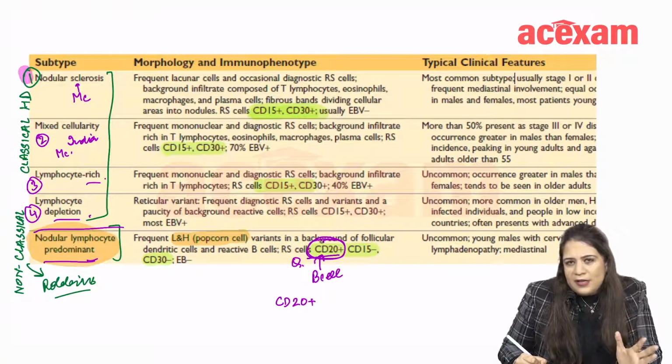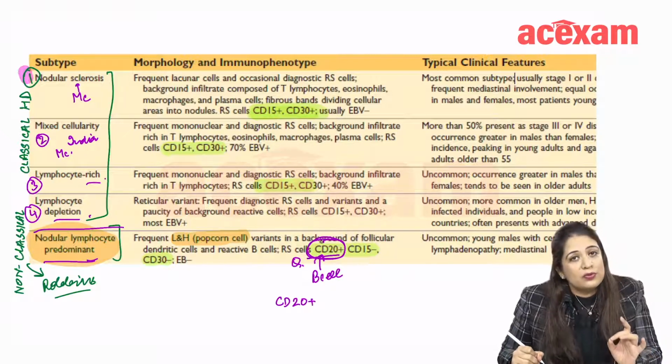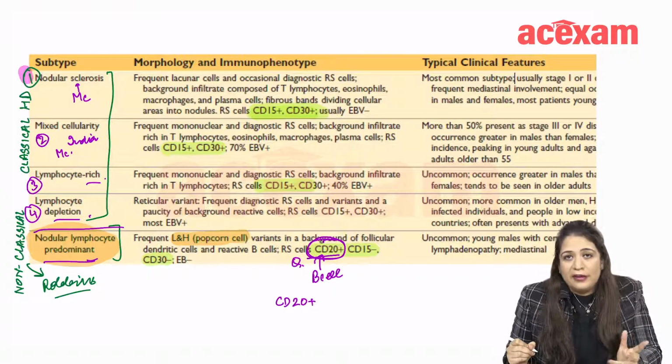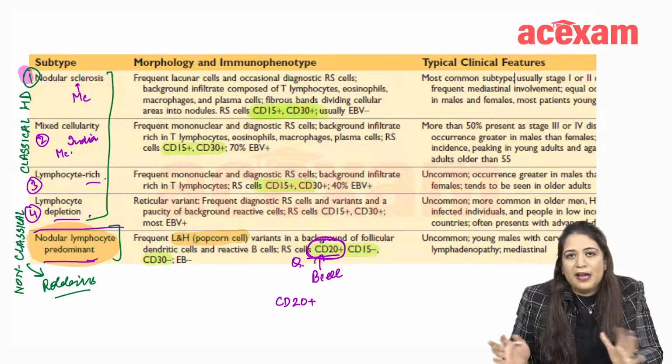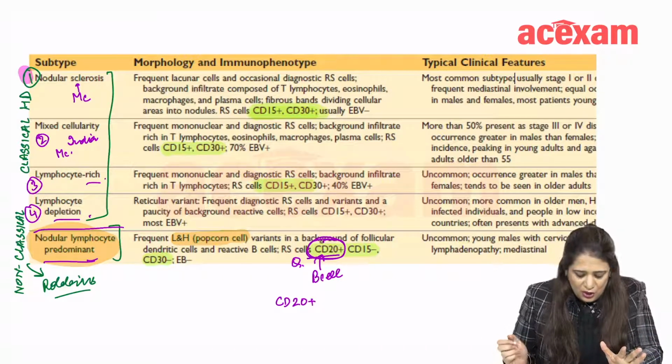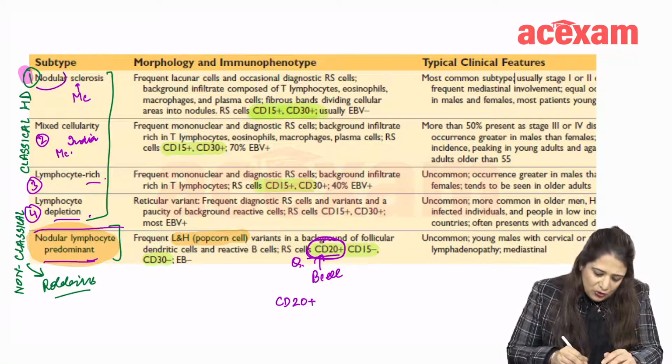Then the next point that you should remember is that Hodgkin's lymphoma is also associated with an oncogenic virus. And which virus is it? It is Epstein-Barr virus. But not all Hodgkin's lymphoma have very high EBV association. So the two terms with nodular in them, right?